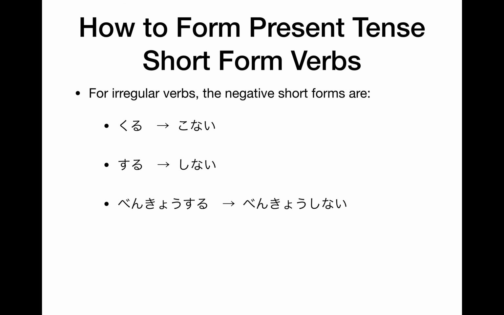And then for irregular verbs, we just have to memorize what their negative short forms are because they are irregular. Kuru becomes konai, suru becomes shinai, and then compound verbs that use suru, like benkyou suru, becomes benkyou shinai. So that's how you make present tense short form verbs in the affirmative and the negative.